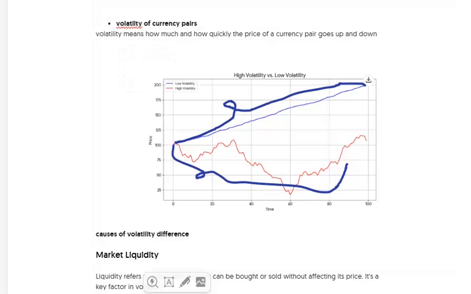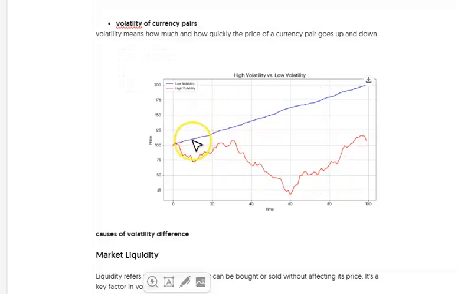This one was uniform, but this one is not uniform. That is what is called volatile. So this pair has low volatility, and this one has high volatility.